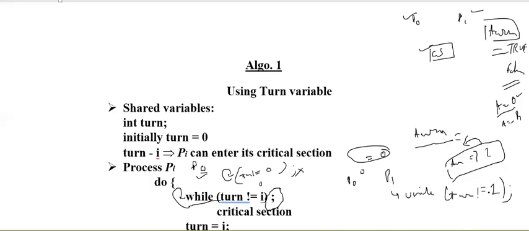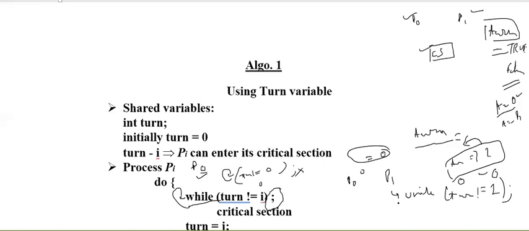If turn is equal to 1, then I need to go inside. Since the value is 0, turn is not equal to 1 becomes 0 is not equal to 1, which is true.